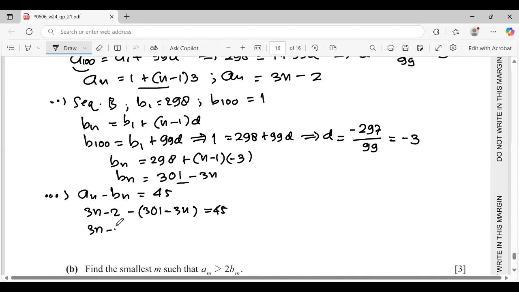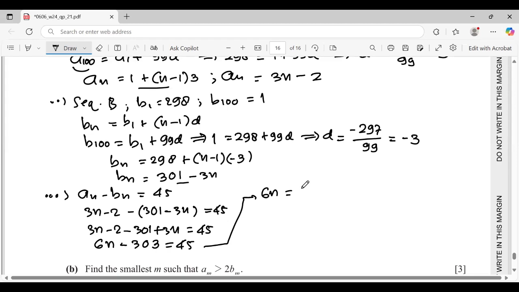That means 3n minus 2 minus 301 plus 3n equal 45. 3n plus 3n is 6n, minus 303, equal 45. So 6n equal 45 plus 303, which is 348. So n equals 348 divided by 6, and it is 58.